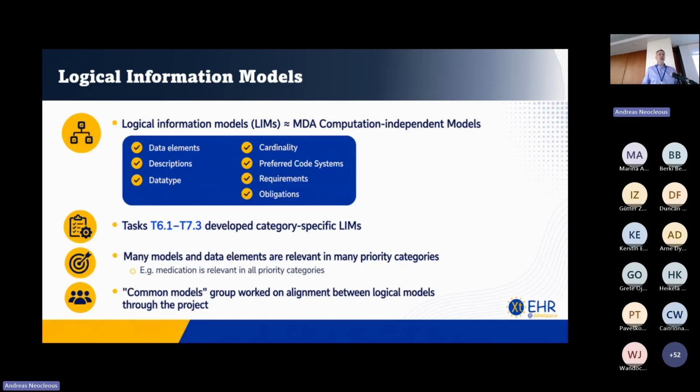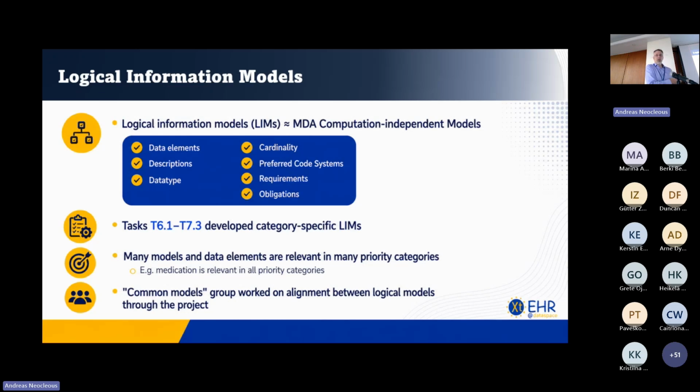That's to say, instances should have either a mandatory element, saying that for each instance there needs to be at least one of these elements, or where it could be repeated, like one to many or zero to many. So that was cardinality.